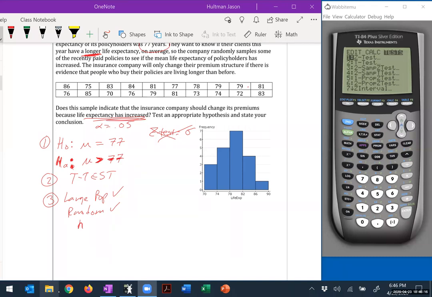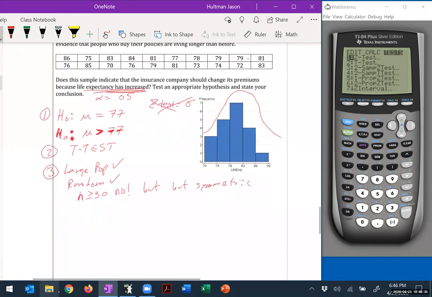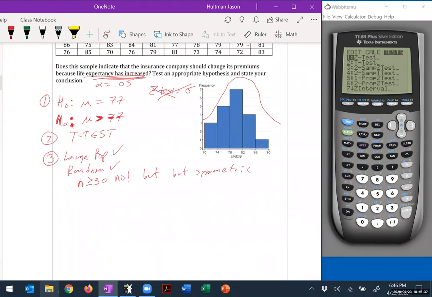Okay, so n here, is that greater than or equal to 30? No, but from the histogram, we can see that the histogram is fairly symmetric. So we're going to go ahead and run a t-test.